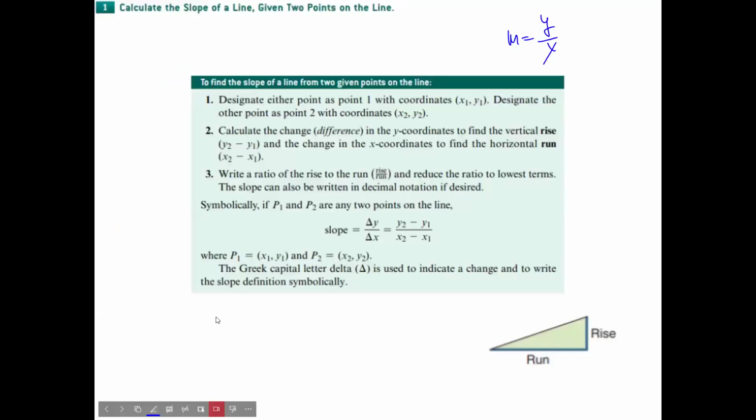Good? Here's the formula. Right there. Write this down. If you have questions, ask. Okay, we have lots of material, so I'm a little bit faster.